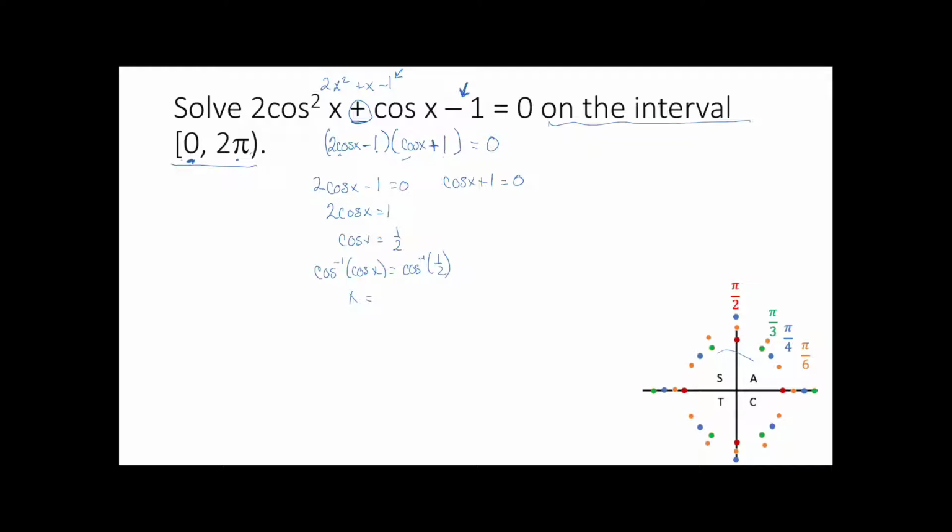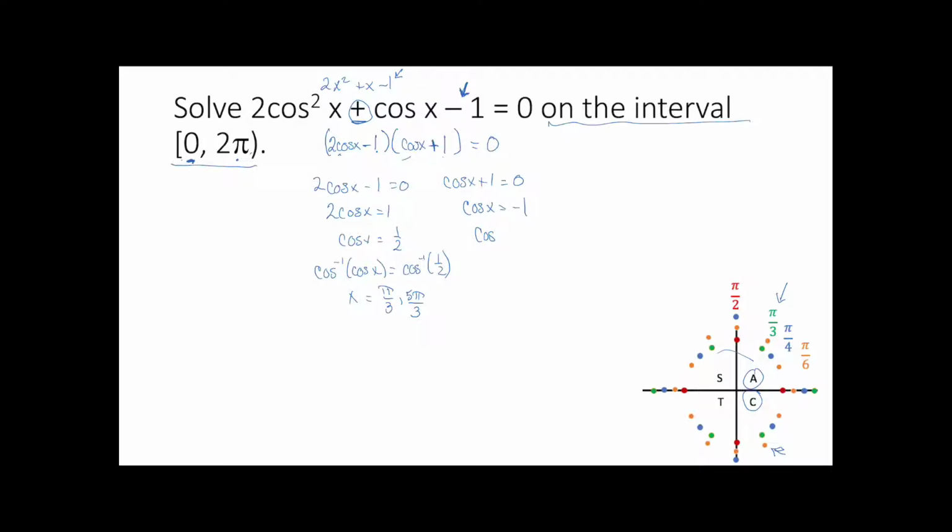So we know that the cosine is a positive value in the first and the fourth quadrants, and it will be a positive 1/2 at pi over 3, and the pi over 3 in the fourth quadrant, which is 5 pi over 3. So x will be pi over 3 and 5 pi over 3 for the first 2 values. Now we say, where is the cosine of x going to be equal to a negative 1?